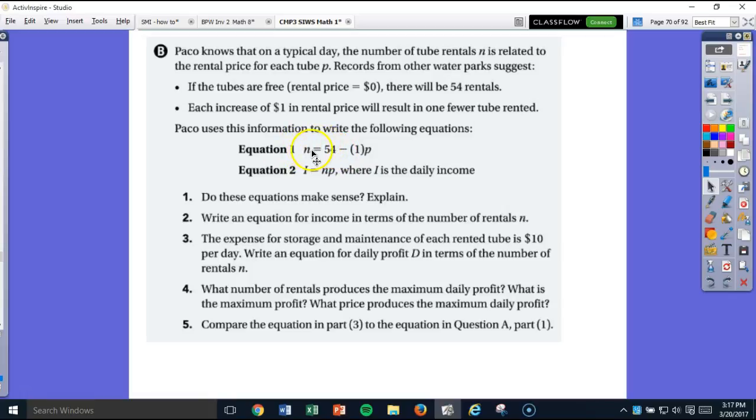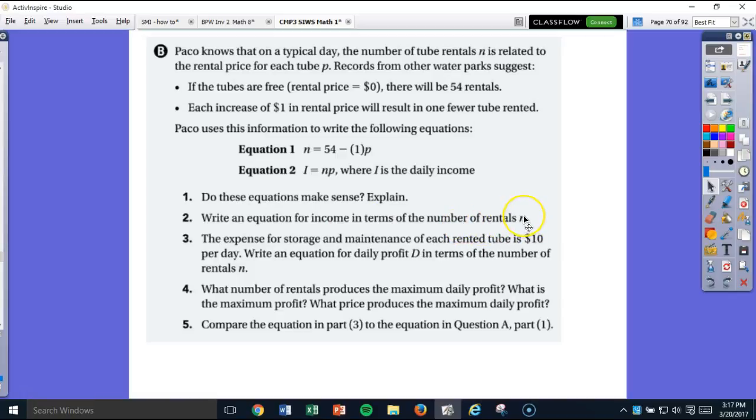As in, does n equals 54 minus 1 times p and I equals n times p? Do those represent what you know about the situation that they tell us here? Once you've determined whether that makes sense with all the information they've given you, write an equation for income in terms of the number of rentals.